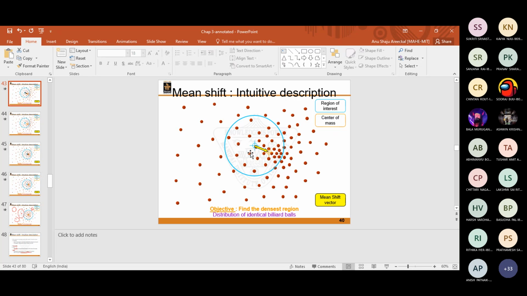So you can give a weighted average, or you can give a uniform weighting. Those are different methods by which it can be calculated.